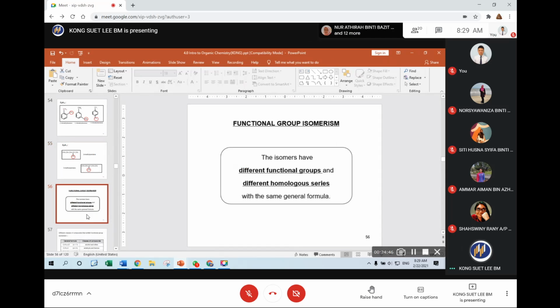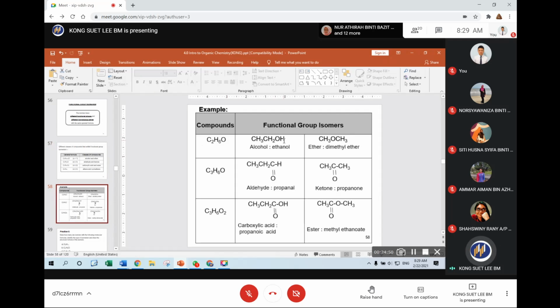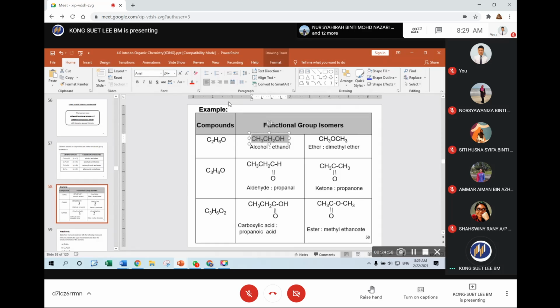Okay, for functional group isomers that I mentioned, there are 4 pairs. Look at here. This is alcohol, OH, and this one is C-O-C.